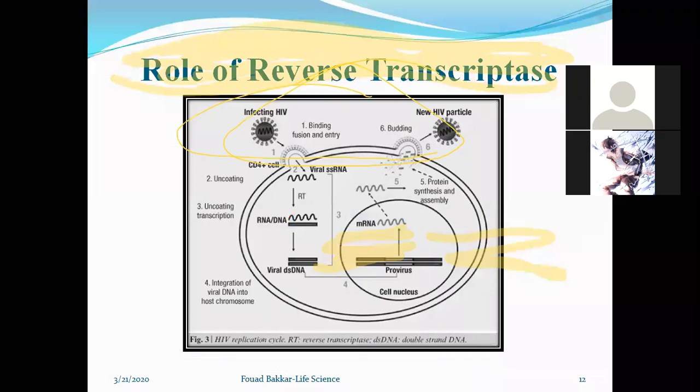In this diagram, to summarize with HIV, from the moment of infection to the viral RNA, to reverse transcriptase, to the production of viral DNA, this is what we call a provirus.